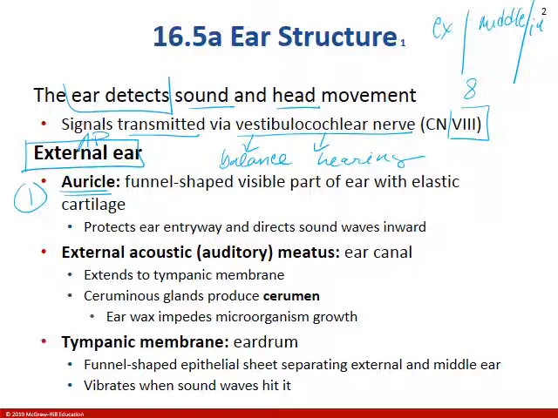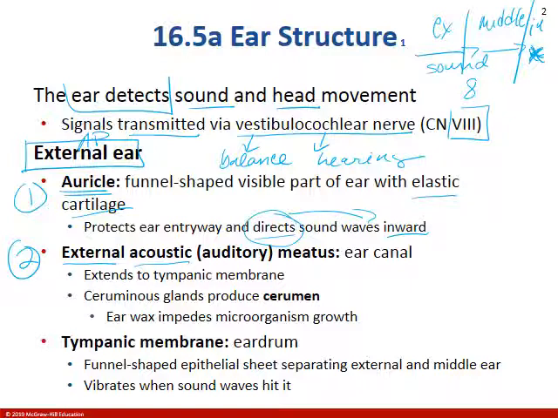So for the external ear, we have structures. 1, the auricle. This is the part of your ear that you can touch and bend, right, because of the elastic cartilage that we have. It's going to protect the earway, but it's also really going to direct the sound waves inward. The sound is being directed through these sections of the ear because hearing really happens at the inner ear. 2, we have the external acoustic meatus.